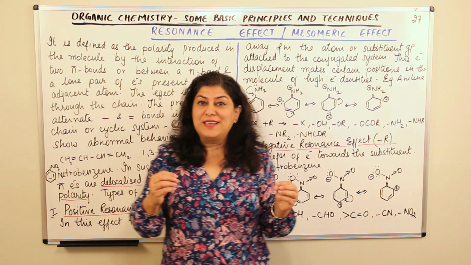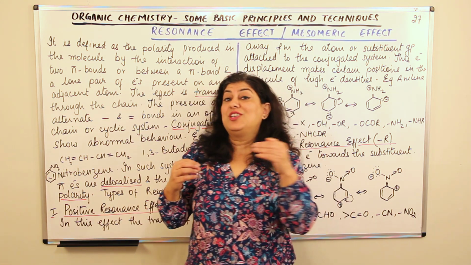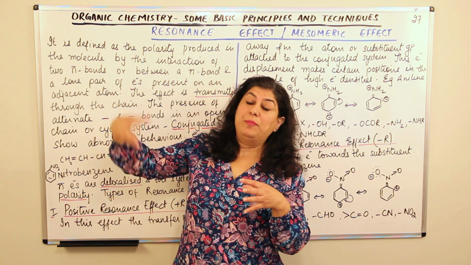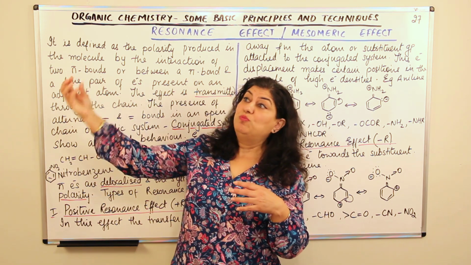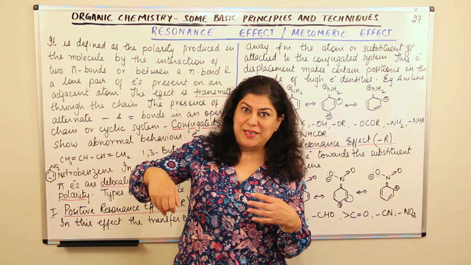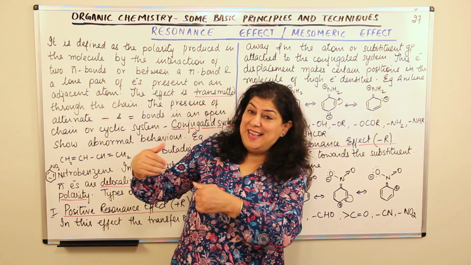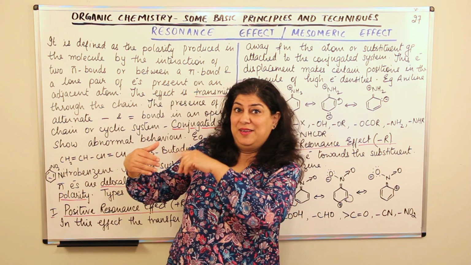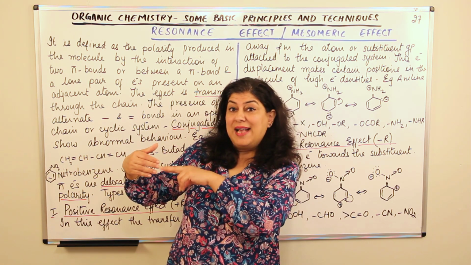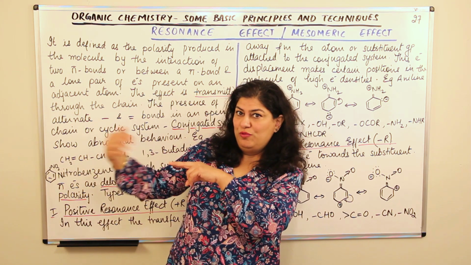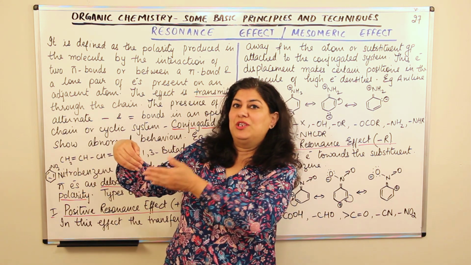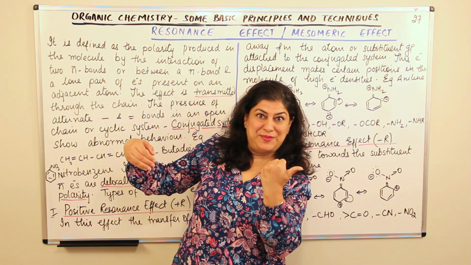Because in a conjugated system, when delocalization occurs, when pi electrons or lone pair of electrons move from their position to the adjacent atom, then the next atom also has a double bond or it also has a lone pair of electrons. As a result of this electron movement towards it, these electrons will experience repulsion and they will move away from it.